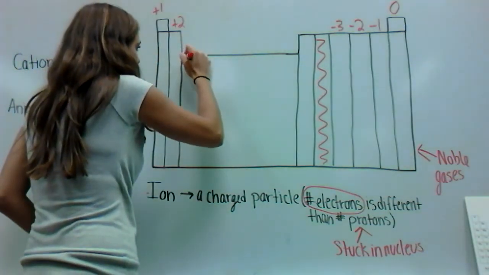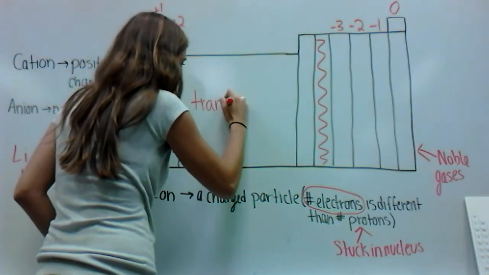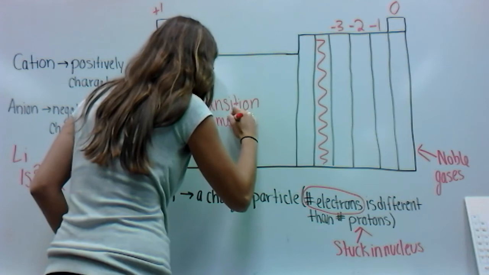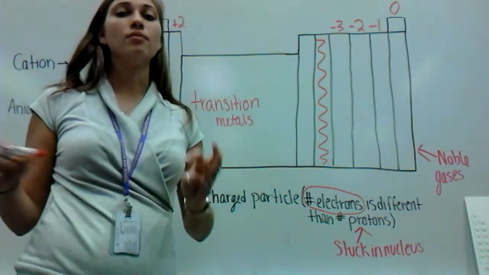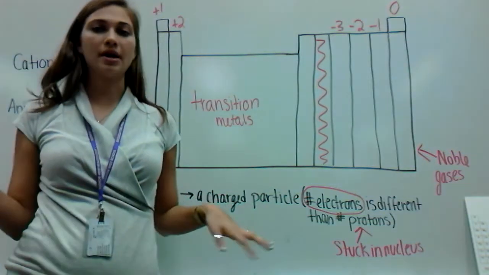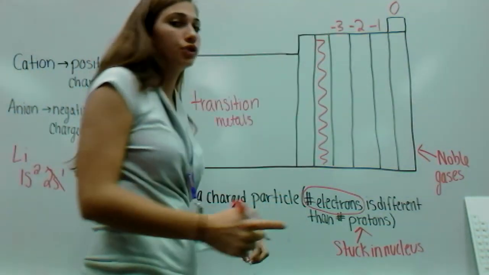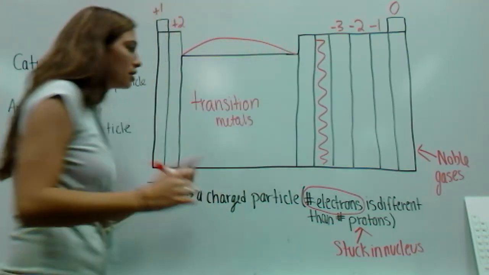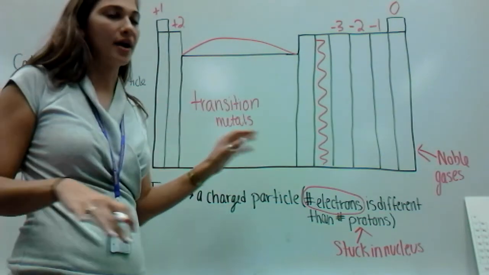In here are our transition metals. Transition metals can have multiple charges. We're going to talk later about that, not right now. So when we're figuring out charges through groups, I want you to just forget about these for now. These are all going to be positively charged, and we're going to find out more about that later.